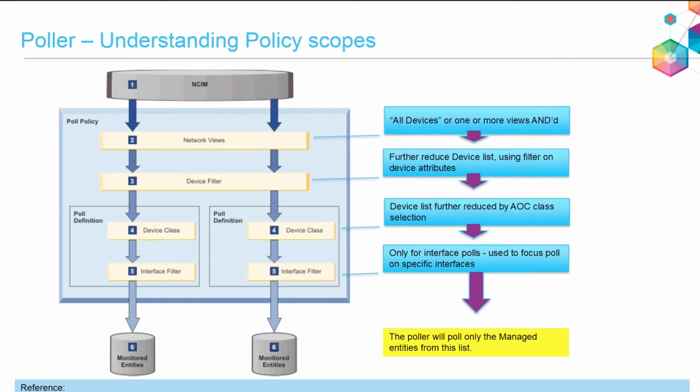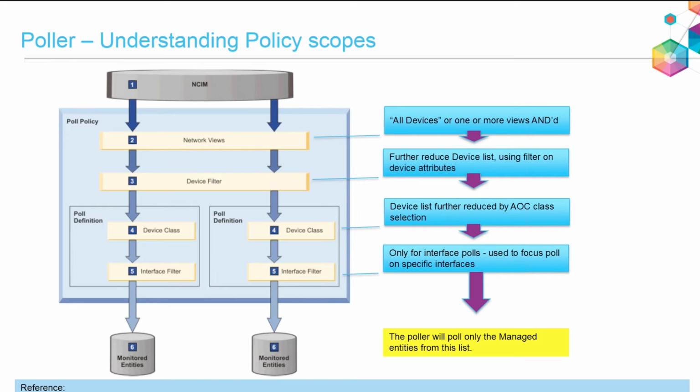Now, from 3.9 onwards, you can have multiple poll definitions in one policy, indicated in the box here. You see the poll policy with the scope, which is the network views and the device filter, and then the poll definition itself.